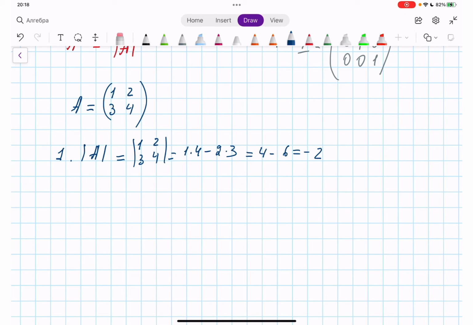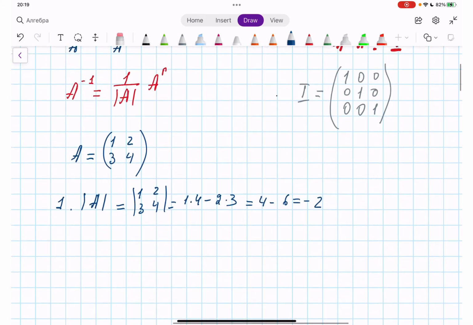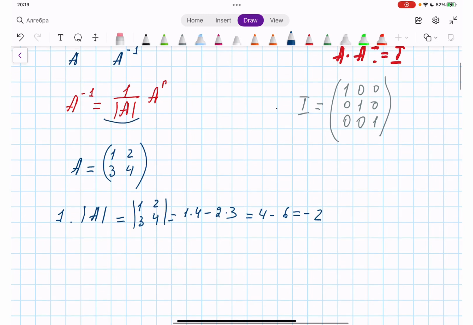Very important note. If the determinant of the matrix is equal to 0, then the inverse matrix does not exist. Simply because here we divide by the determinant of A, so the determinant of A cannot be equal to 0.